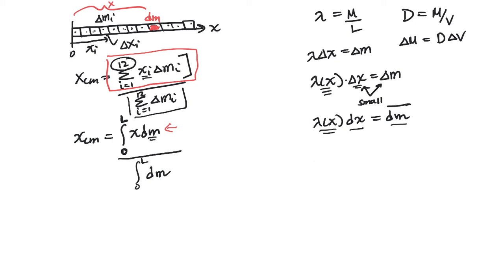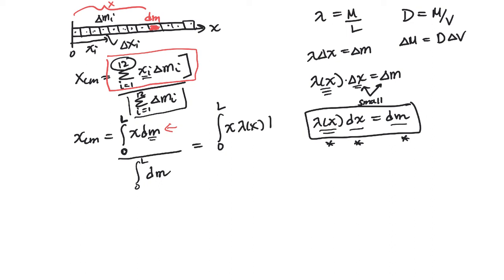Well, I've actually already done that over here. When I said my linear density times a little tiny piece of the thing is going to give me the little tiny mass of that little tiny piece of the thing. So if I represent my dm as lambda of x dx, I get my final equation for the center of mass of an object, which is x, which remember was my position locations, because center of mass is all the masses weighted by position divided by all the masses, times dm, which is lambda of x dx.